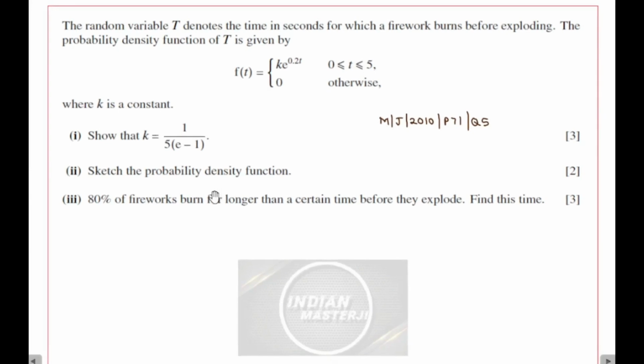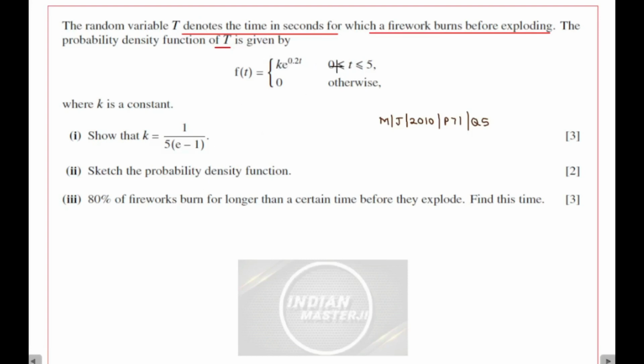So let's begin with today's question. This question is from May-June 2010, paper variant 71, question number 5. What is the question saying here? The random variable t denotes the time in seconds for which the firework burns before exploding, and the probability density function of t they have given by this particular equation.